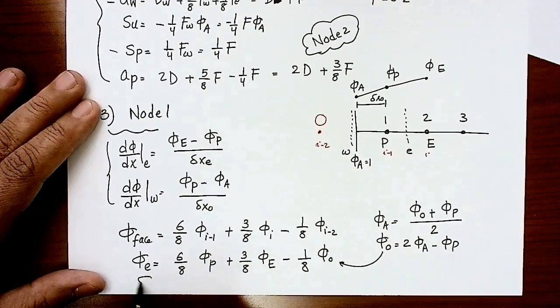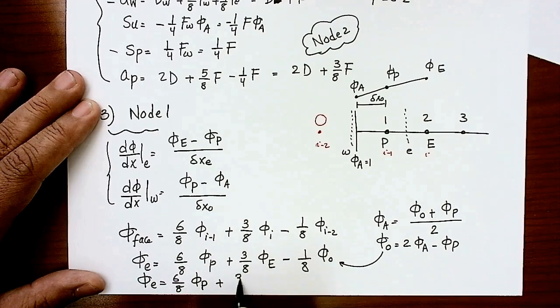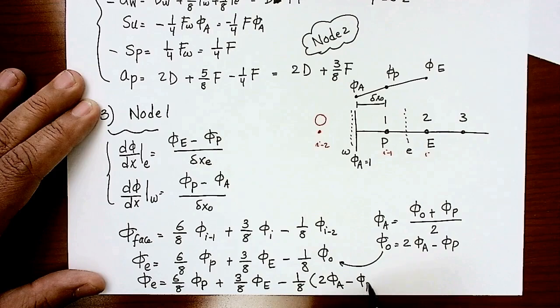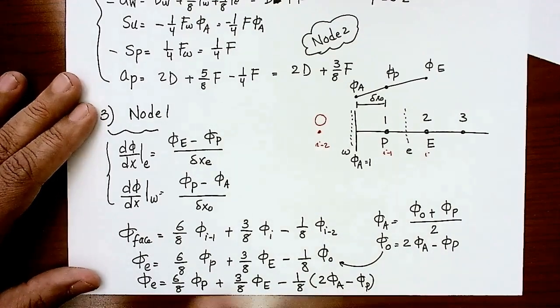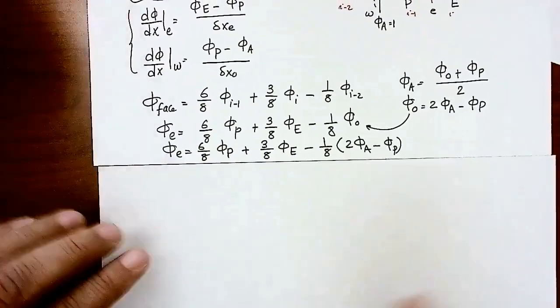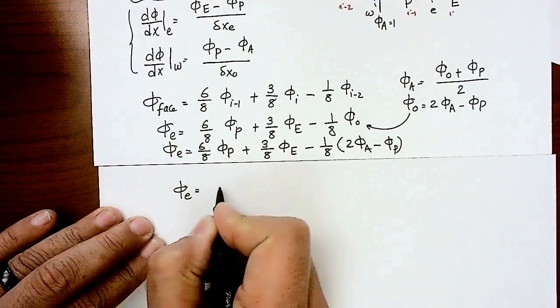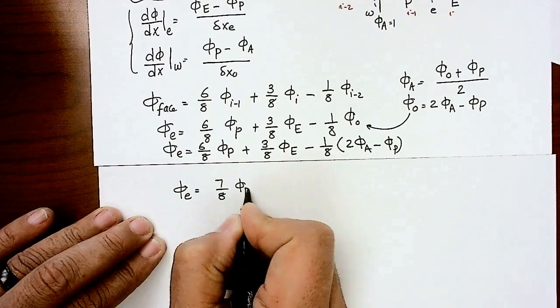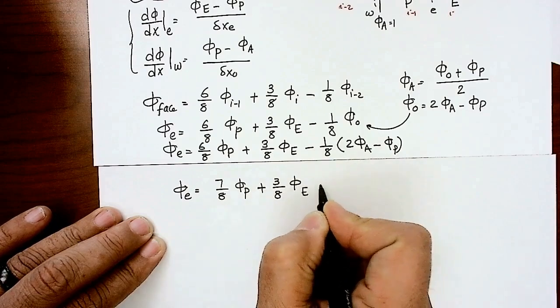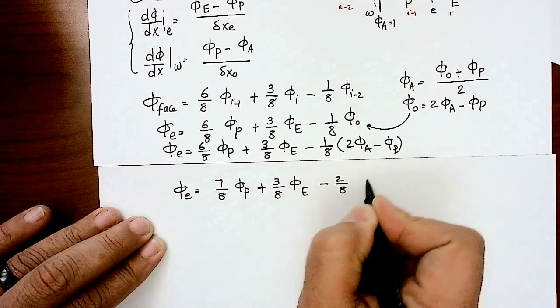Then you're going to end up having phi of the east face is equal 6 over 8 phi P plus 3 over 8 phi east minus 1 over 8 multiplied by 2 of the phi A minus phi P. If you distribute that and you simplify the equation, you will end up having phi E actually equal the following. It's going to be 7 over 8 phi P plus 3 over 8 phi east. Then I would have minus 2 over 8 phi A.